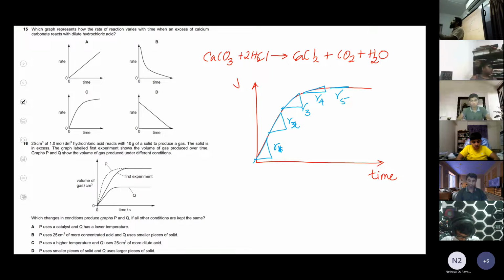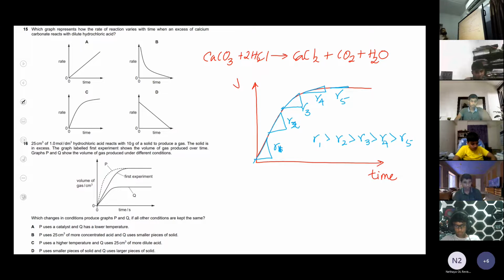The gradient in this graph is the rate of reaction. So the rate of reaction is decreasing with time. Sometimes linearly, sometimes not. And the rate will go to 0 at one point, because the reaction stops. So what would be the best answer here?